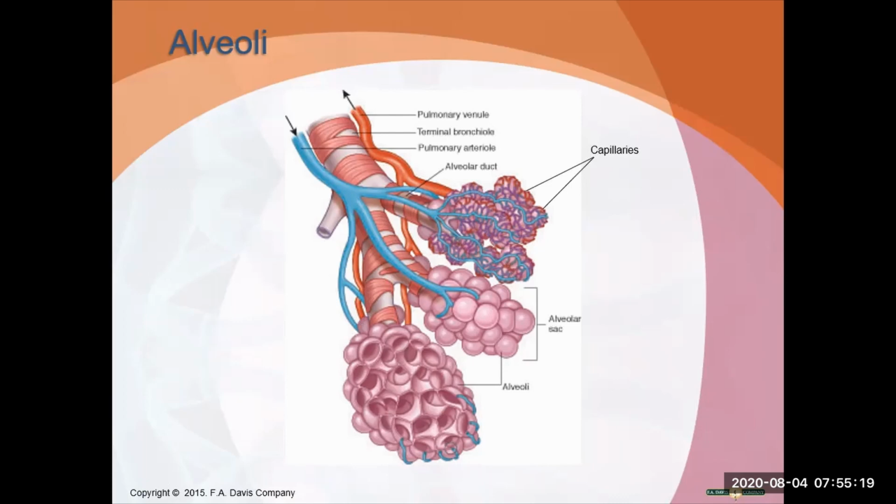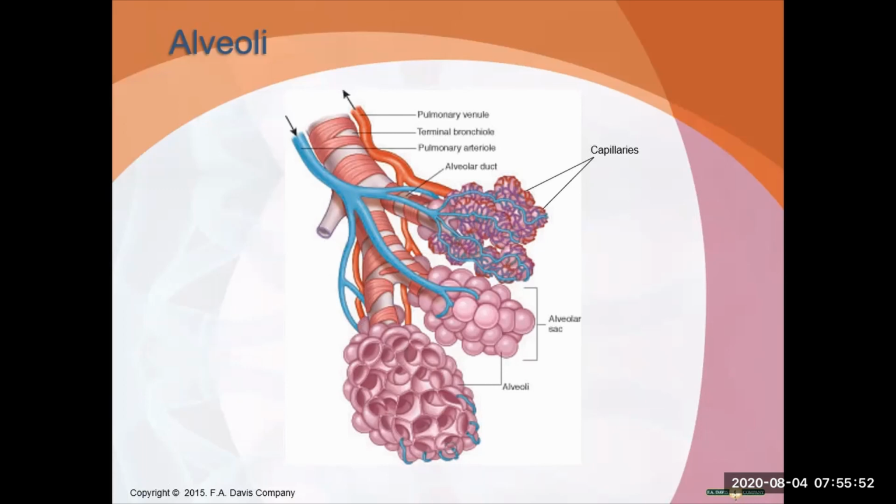The exchange of air occurs through what's called the respiratory membrane, which consists of the alveolar epithelium, the capillary endothelium, and their joined basement membranes. For gas to enter and leave a cell, it must be dissolved in a liquid. Therefore, inside of each alveolus is coated with a thin layer of fluid.